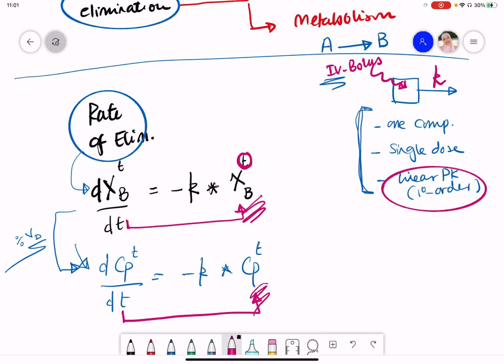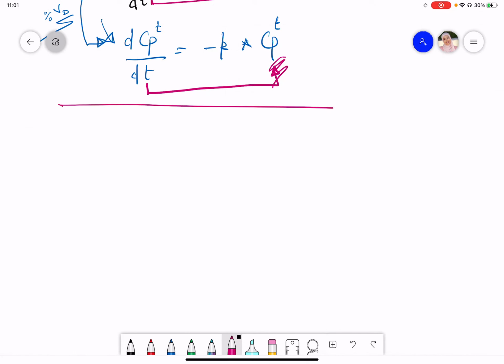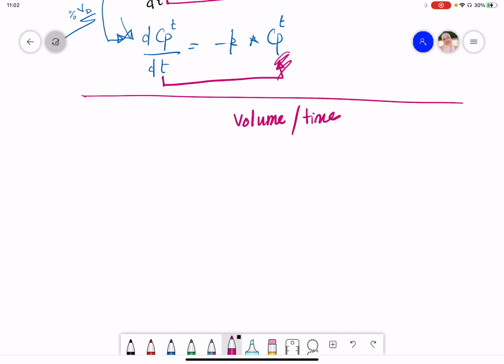So we need to find a way of describing the elimination so that we can define the model accordingly. One way to do so is using volume per time to describe the elimination, because we mentioned earlier that the volume we are using in this model is constant regardless of the drug concentration or amount of the drug in the body, right?